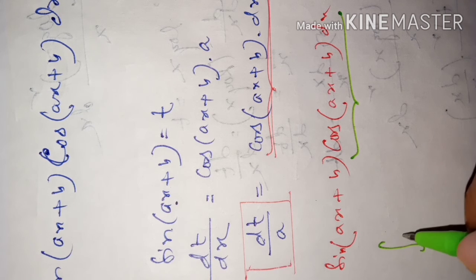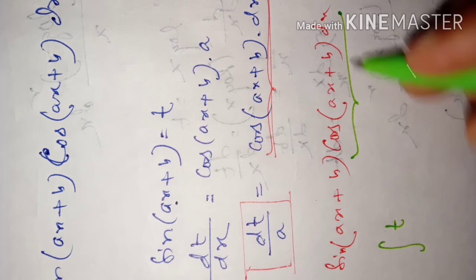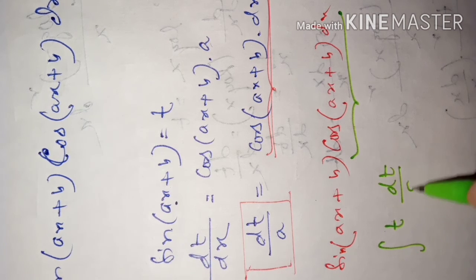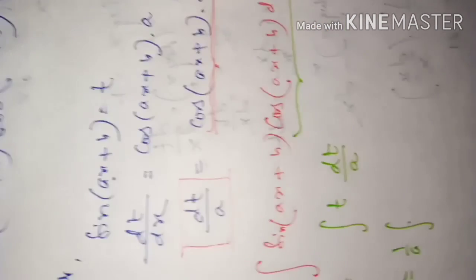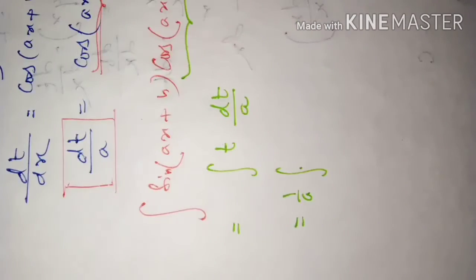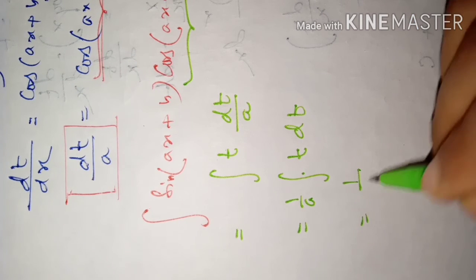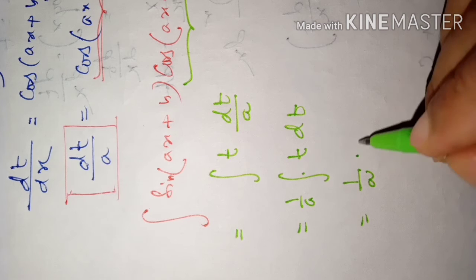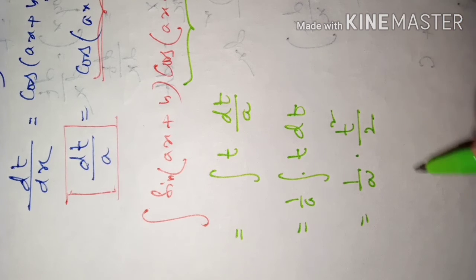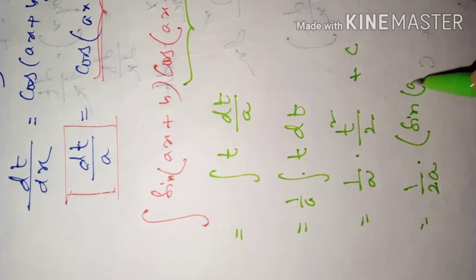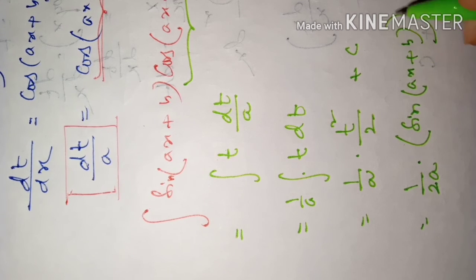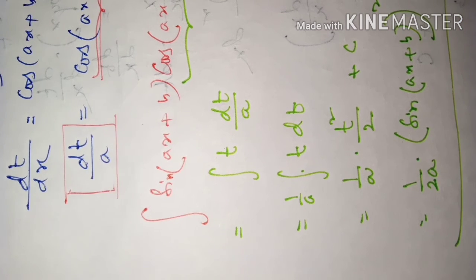So the whole expression will be 1 by a into integral of t dt. Taking its antiderivative, t square by 2 plus c. So the whole answer will be 1 by 2a, where t stands for sine of ax plus b, the whole square, plus c. This is our answer.